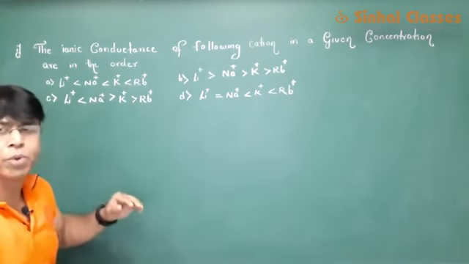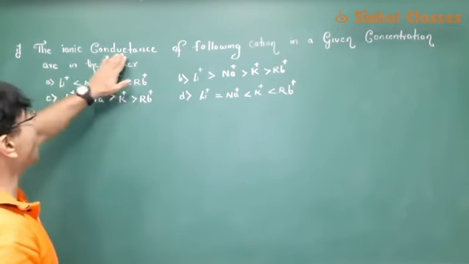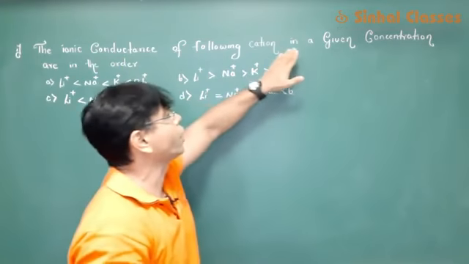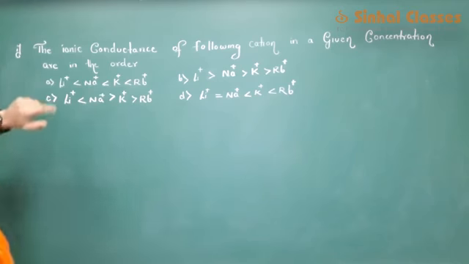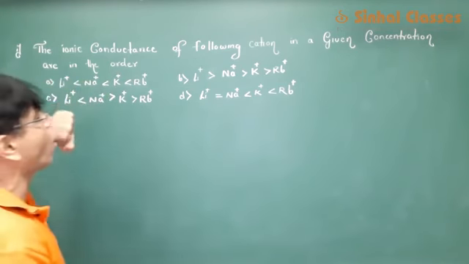With respect to S block element, the ionic conduction of the following cations in a given concentration are in the order of.